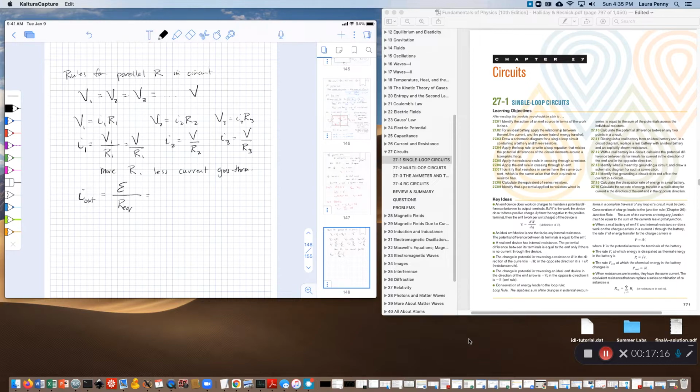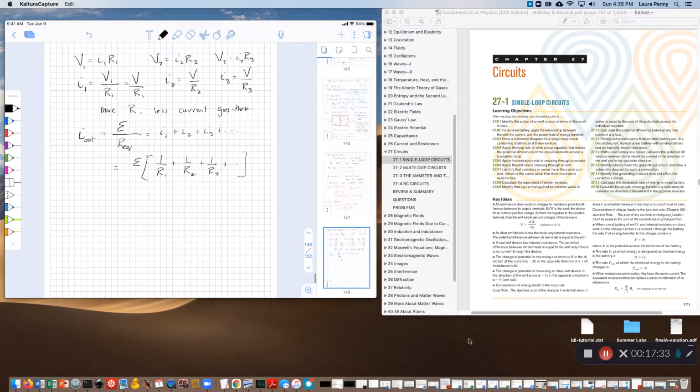But that is essentially I1 plus I2 plus I3, where this is our EMF, 1 over R1, 1 over R2, 1 over R3, again, like this.